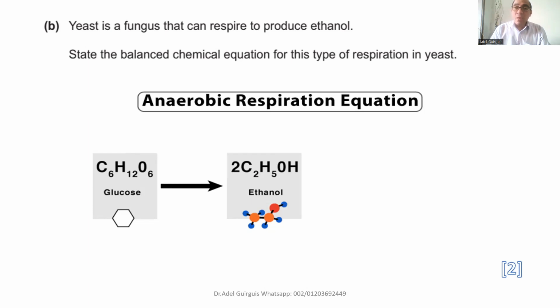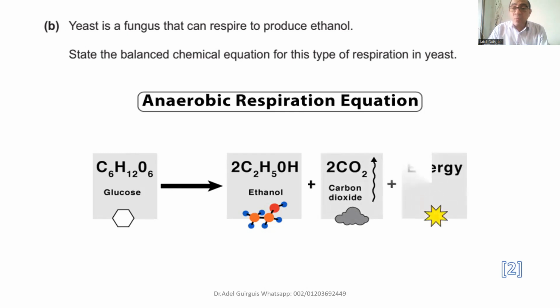Okay, still containing a bulk of energy not released during this type of respiration, plus carbon dioxide as waste, and with release of energy needed for yeast cell activity. This anaerobic respiration is also called alcoholic respiration or alcoholic fermentation due to production of ethanol.